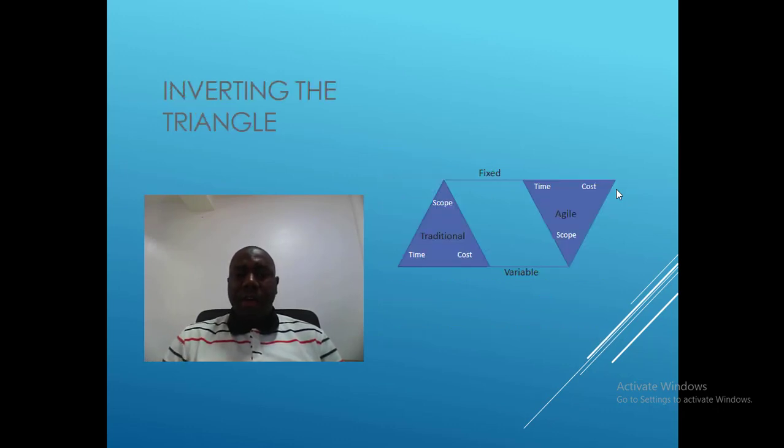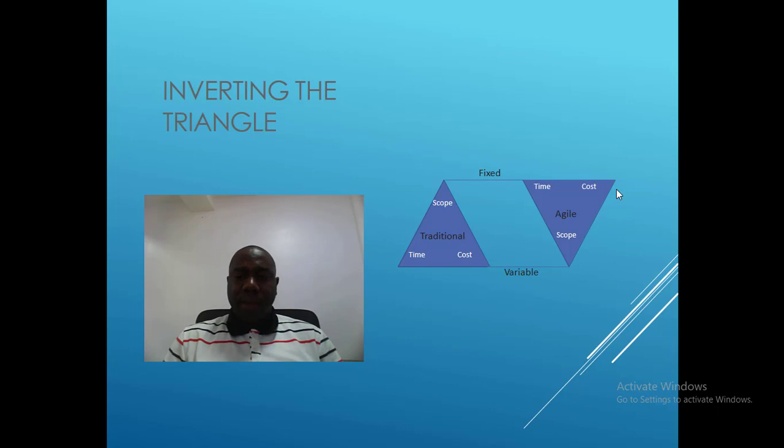So, inverting the triangle: this is a comparison between traditional project management and Agile project management, which is also called adaptive project management. Traditional project management is referred to as predictive. In predictive project management, scope is usually fixed and time and cost can change.